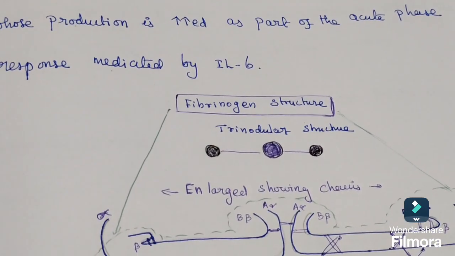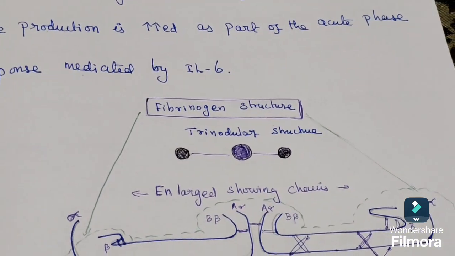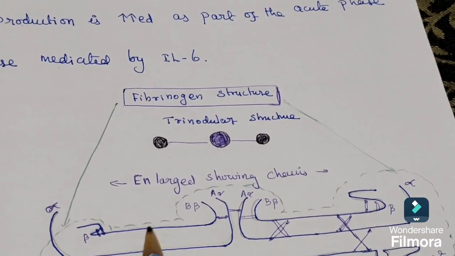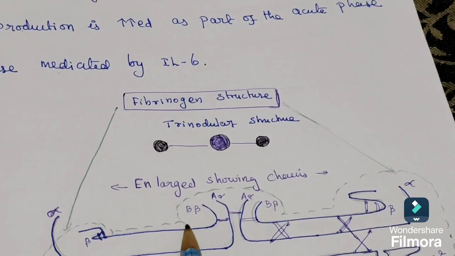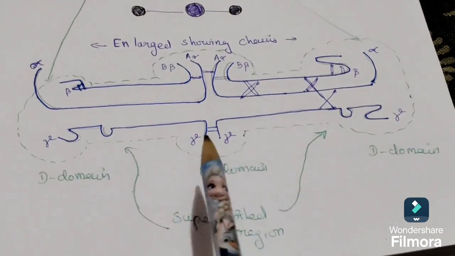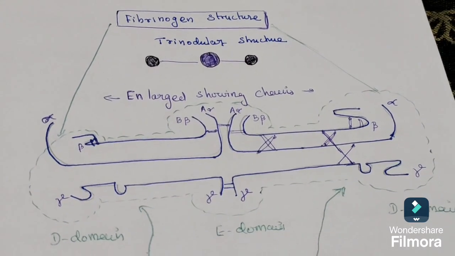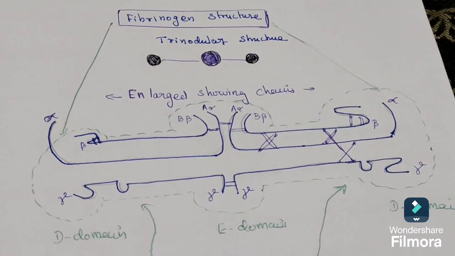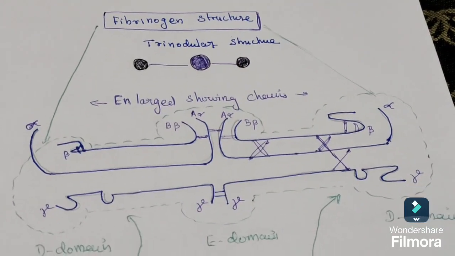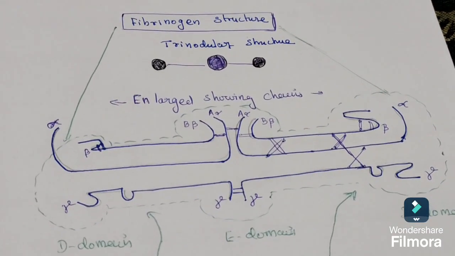Structure of fibrinogen. It is a trinodular structure composed of three chains: A alpha, B beta, and gamma, joined by disulfide bonds, each a polypeptide chain.